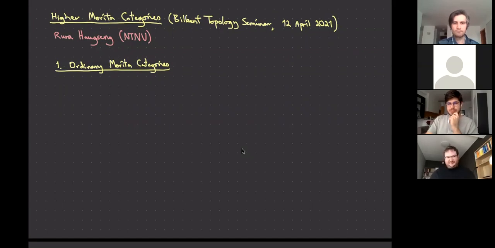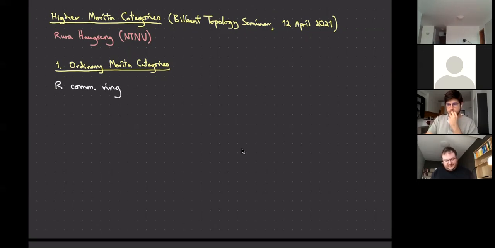I thought I would say something about higher Morita categories and connections to TQFTs, but let me start with the most classical kind of Morita categories. So let's say that R is some commutative ring.